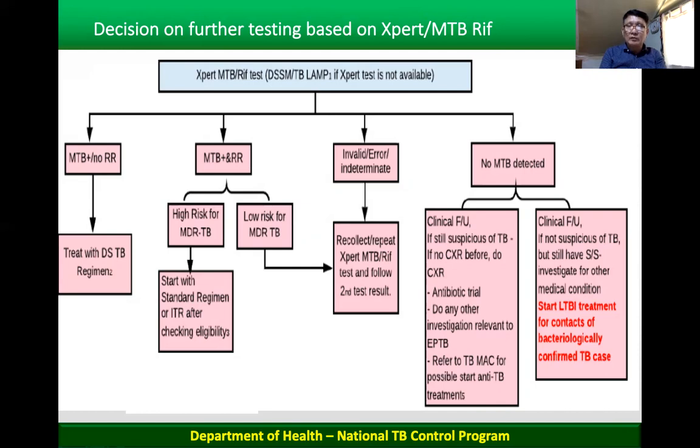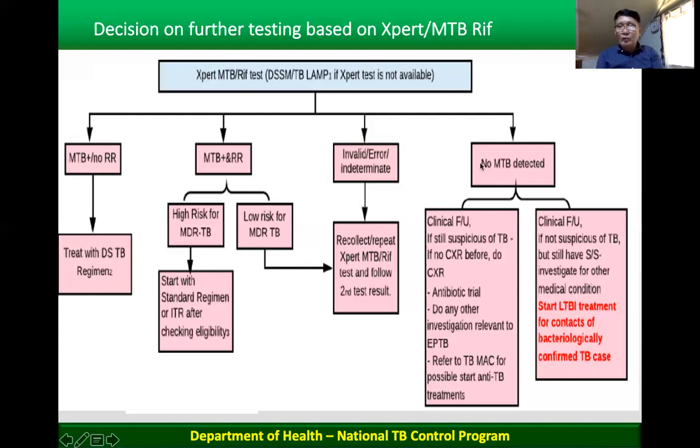So we cannot immediately put them into treatment unless we recollect and repeat the Xpert MTB/RIF test and follow the second test result as described here. Just like the invalid, error, or indeterminate results, there should be recollection and repeat Xpert MTB/RIF test. And the second test result will be final.